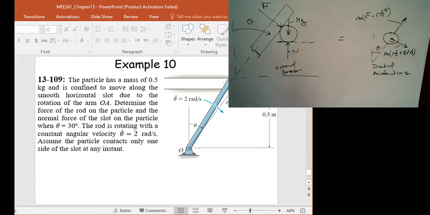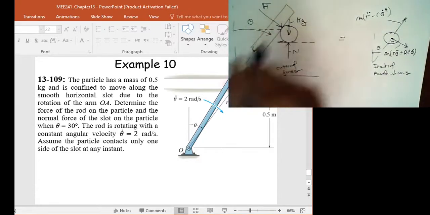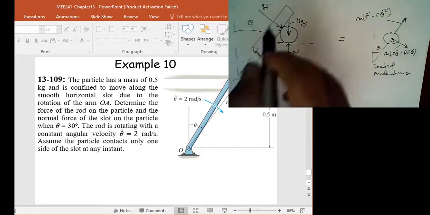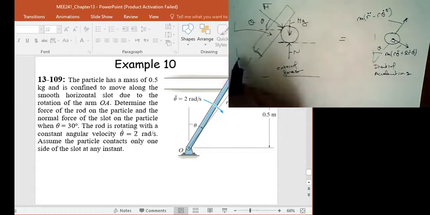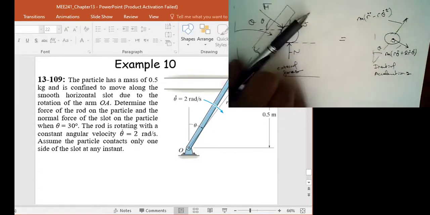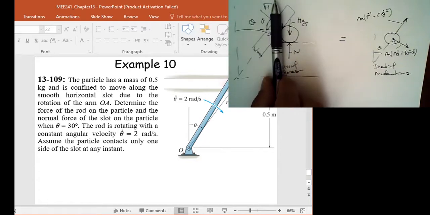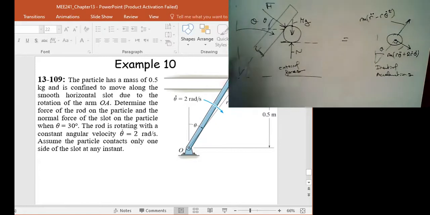Well, we need to know the horizontal angle of the force, right? And I believe if this angle is theta, this angle right here must be theta, right? If this guy is 0, this guy would be 0, so instead of being like that, it would be like this, right? And then if this guy is 0, then the force will be horizontal. So we know this guy has to be theta, okay?